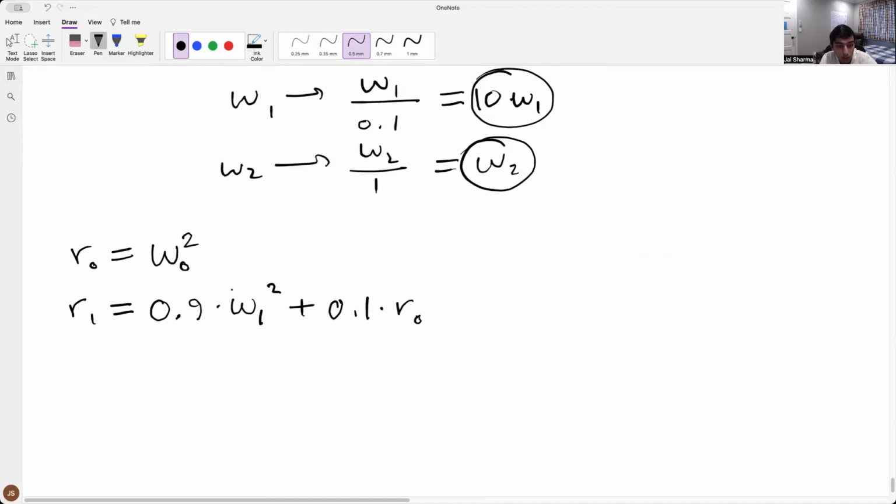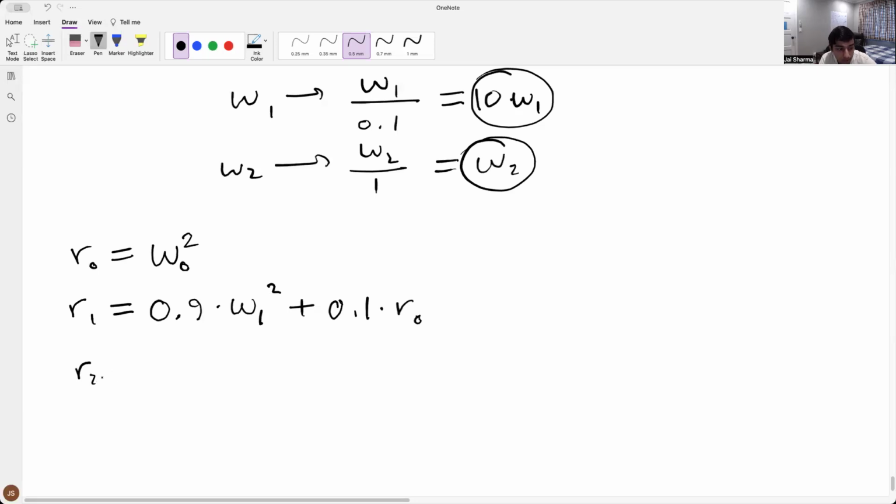So you're taking in the new signal, which in this case is not W itself, but W squared at that time step. So in this case being W1 squared, and then times 0.9, that's the weightage that's being given to W1 squared. And then you have 0.1 times everything that you've seen before, which is just R0.